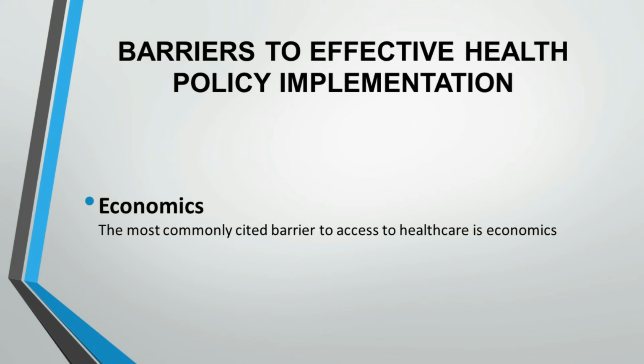Those who lack the income or insurance to pay for medical care may not have that medical care. Many who are poor but not sufficiently poor are not eligible to receive Medicaid benefits. Many people do not have health insurance.